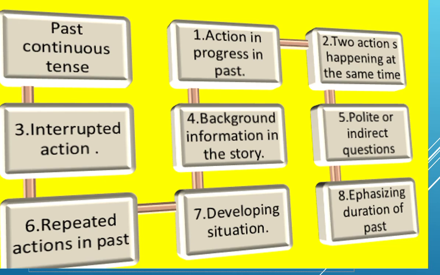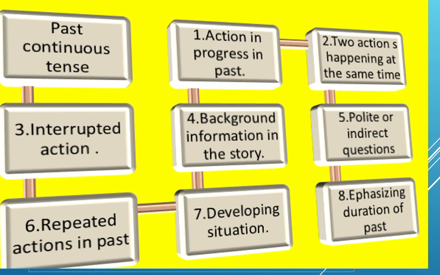We also use past continuous tense if we are expressing background information in the story. When you need to talk about the background in the story, you can use past continuous tense.